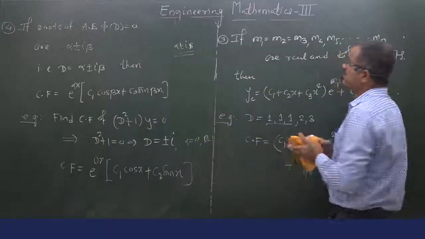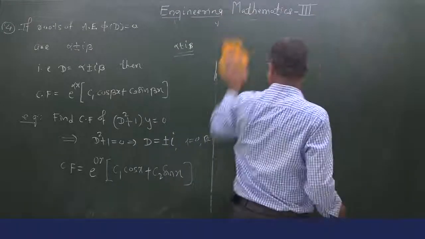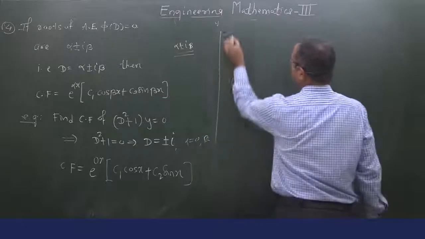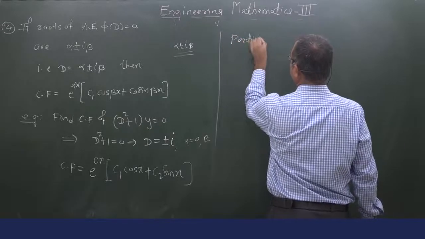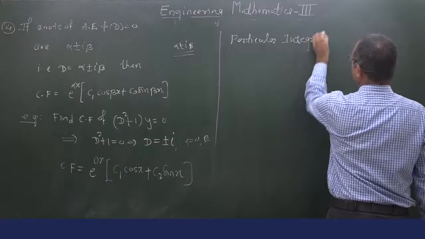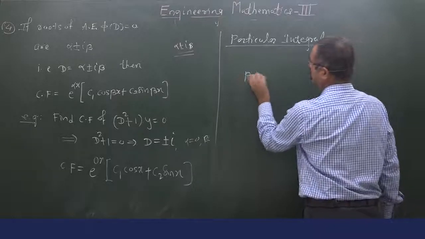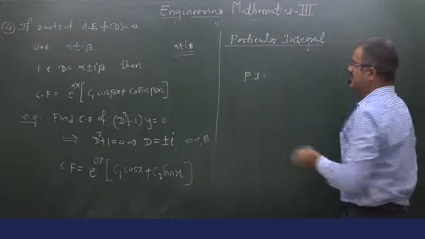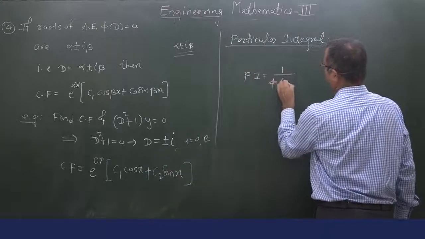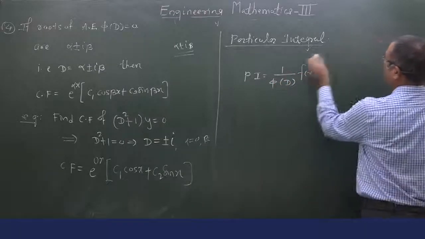Now the next important thing is how to find the particular integral of the differential equation. The particular integral of the differential equation phi of D y is equal to f of x is 1 upon phi of D into f of x.